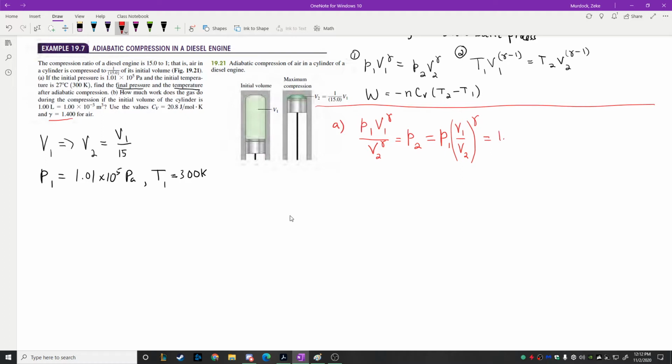So plugging in, pressure 1 is 1.01 times 10 to the 5 pascals. And we multiply this times V1 over V2. V1 over V2 is 15. So we just multiply this times 15 to the gamma. Oh, and gamma we know is 1.4.